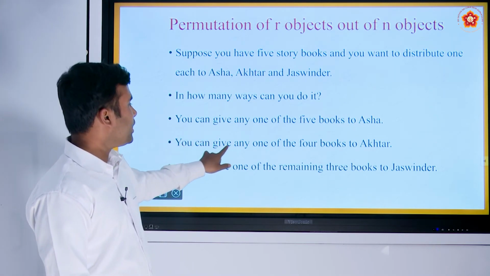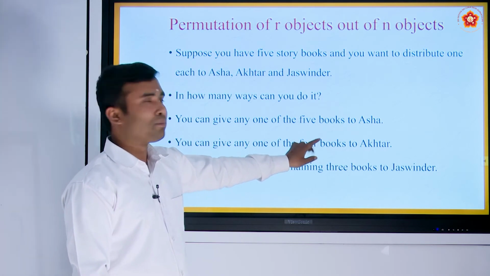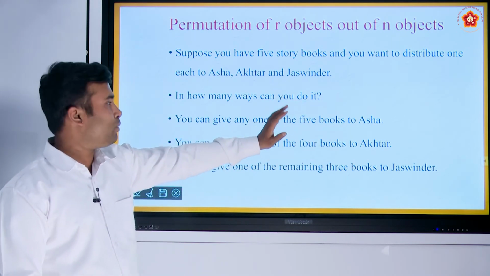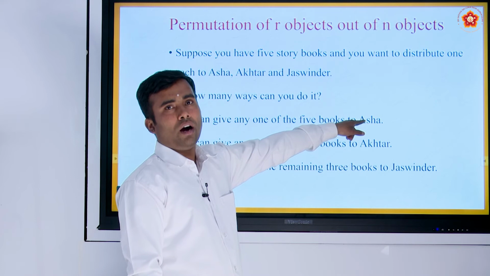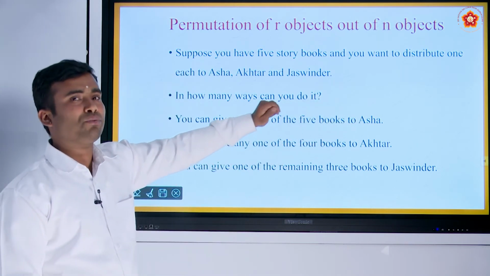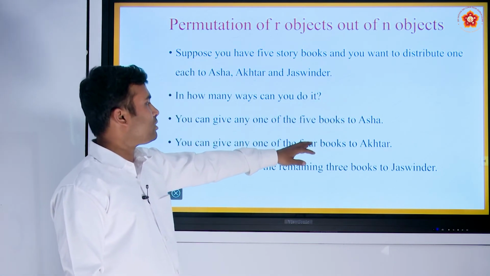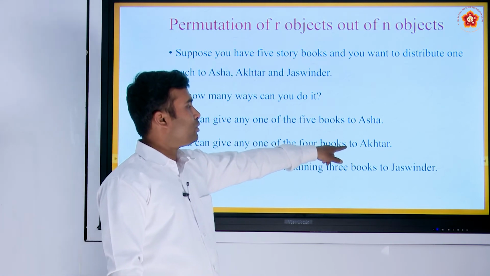Now you can give any one of the 4 books, because already one book is given to Asha and we are left with 4 books, to Akhtar.